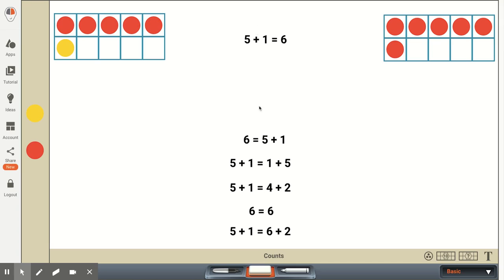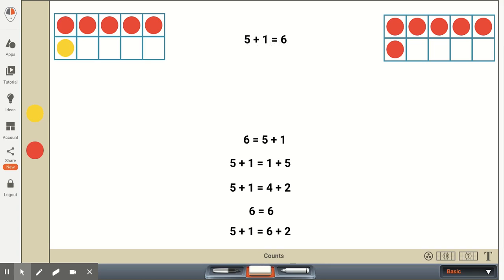So on this page here, I have all different types of addition equations. And in some cases, the operation will be on the left-hand side. This is 5 plus 1 is equal to 6. And this is true.